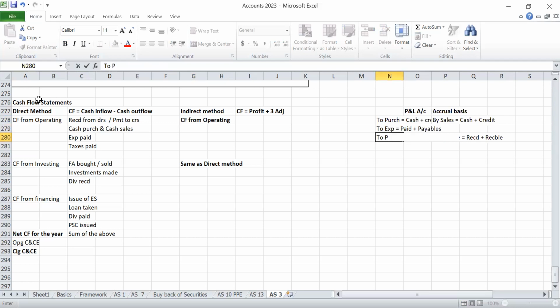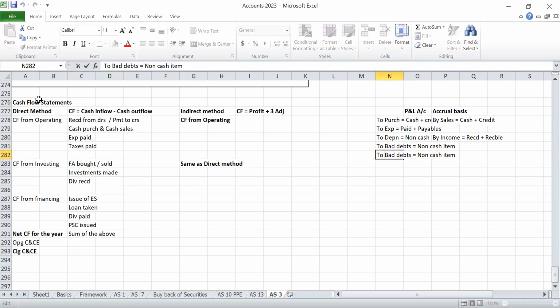To depreciation, which is a non-cash item. Here, expenses of 100 rupees you are going to pay, but depreciation is a non-cash item; depreciation of 100 rupees you are not going to pay. Then to bad debts, non-cash item; bad debts you are not going to pay in cash.